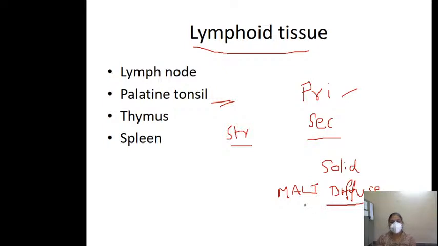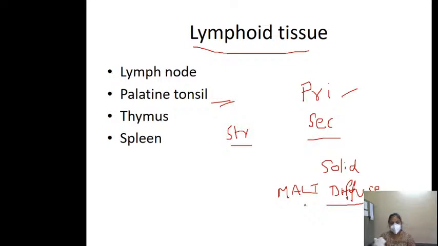Mucosa associated lymphoid tissue means these lymphoid follicle aggregations are present beneath the mucous membrane of the GIT and the respiratory system, or sometimes you may see the lymphoid aggregations in the reproductive organs also, such as the uterus, the cervical canal or the vaginal mucosa.